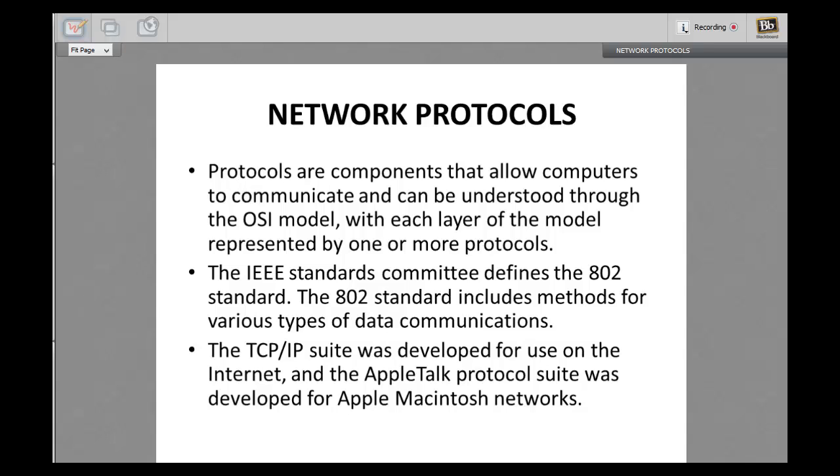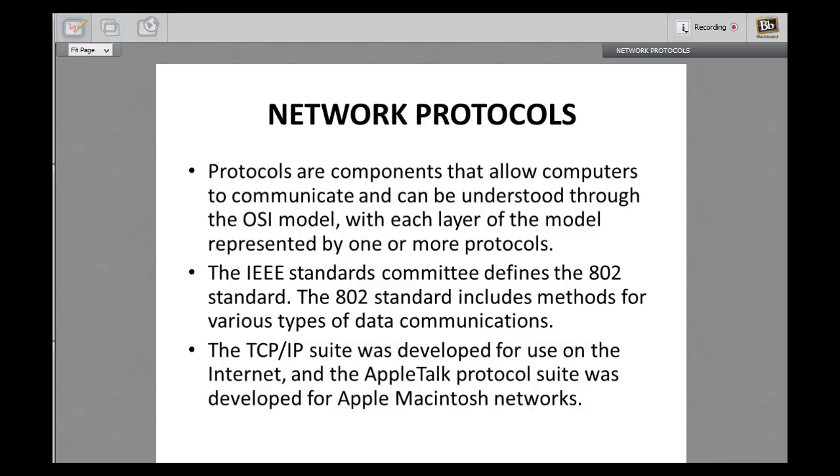The other chapter was about network protocols, and the difference in this chapter is that it illustrates and gives information about the protocols inside each of the layers. A layer is different than a protocol. A layer is like a domain in which these protocols operate.